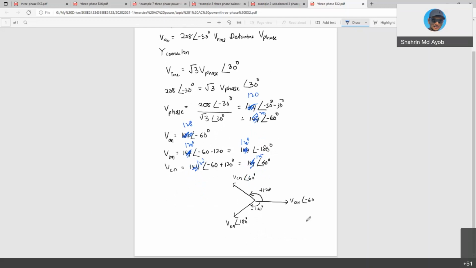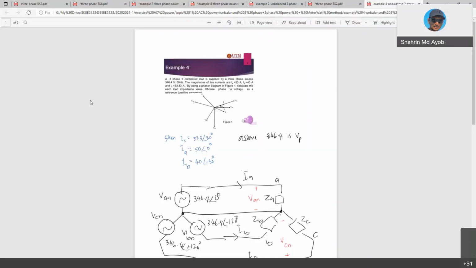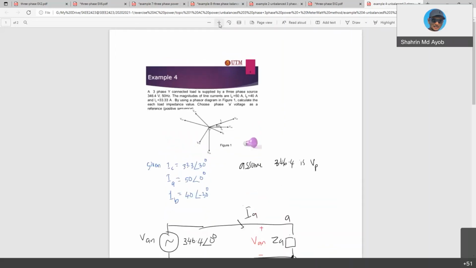Any other questions for the balanced? Unbalanced is actually quite straightforward. Okay, this one, do you understand this one? Example 4.